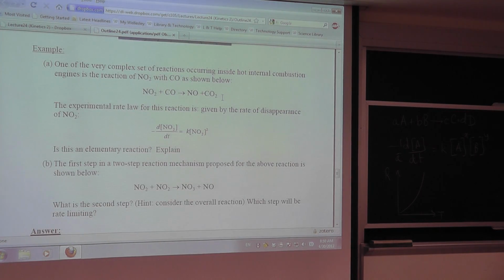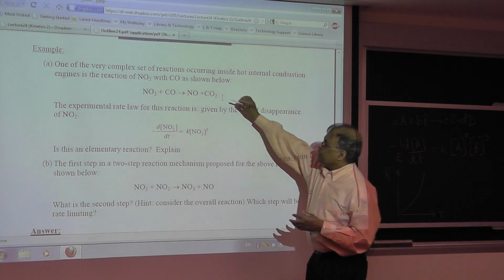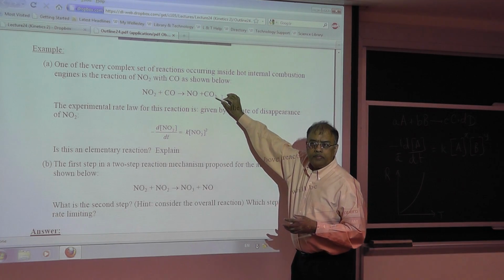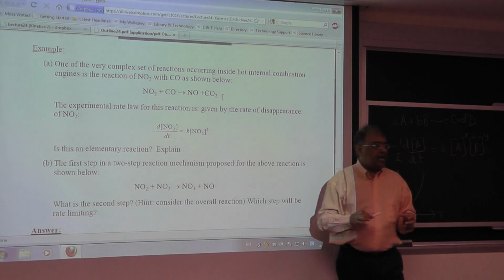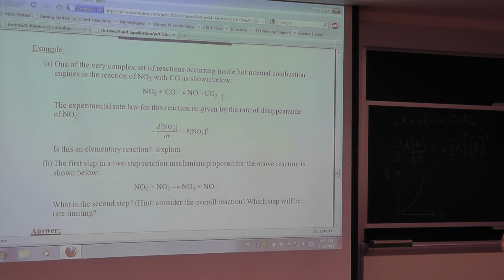So is this reaction an elementary step? How do we know that it's not an elementary step? Alice? If it was, then instead of NO2 squared, it would be NO2 times the concentration of CO. Right.